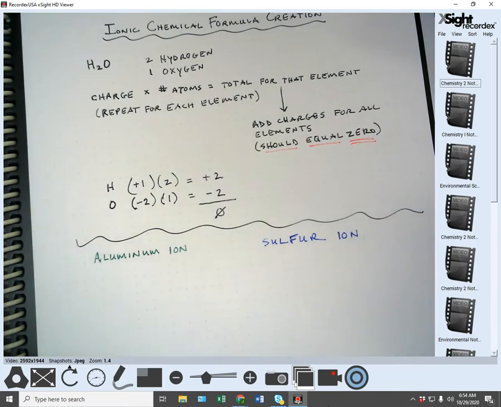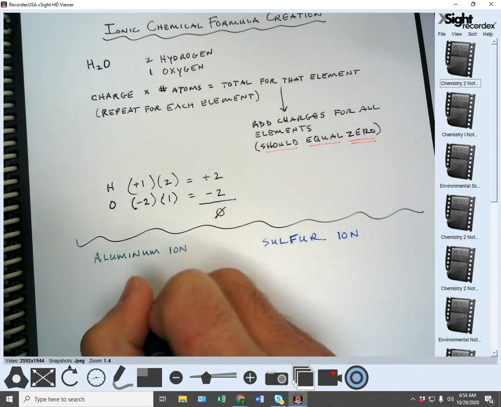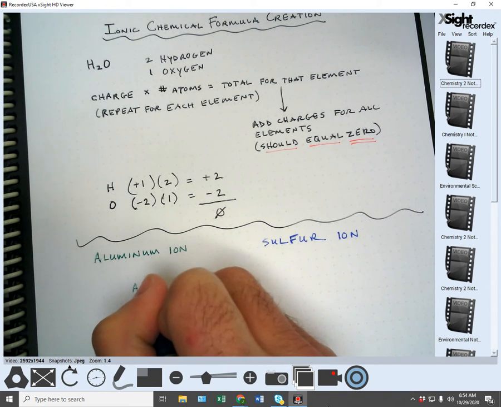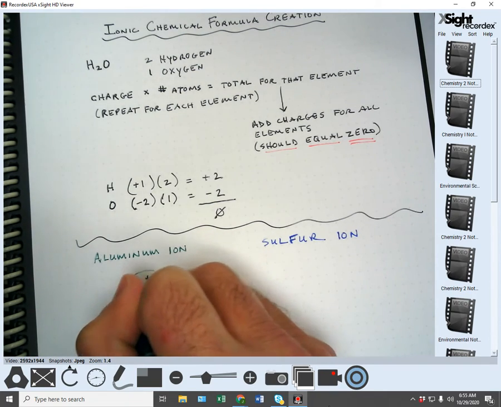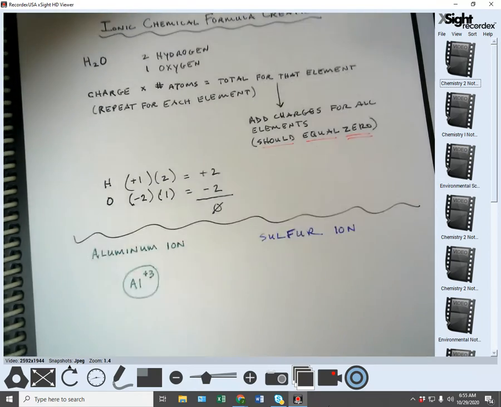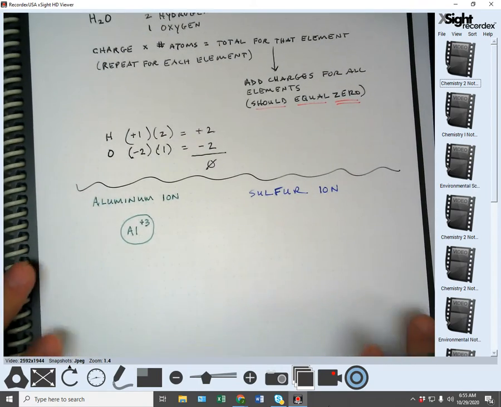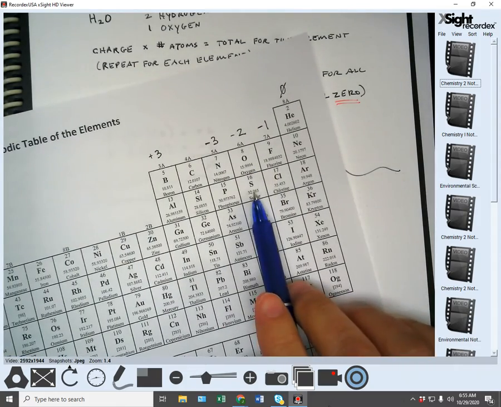Okay, so one aluminum ion is a +3. One sulfur ion, if we look on our periodic table, is a -2.